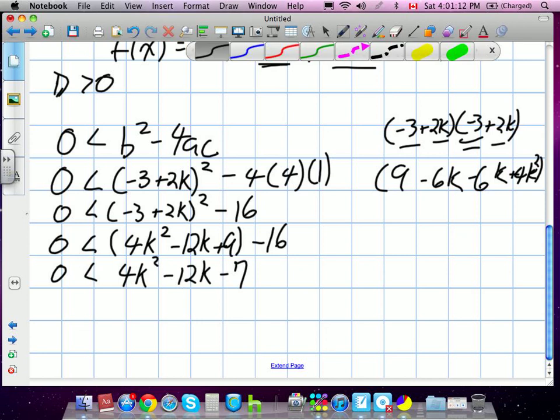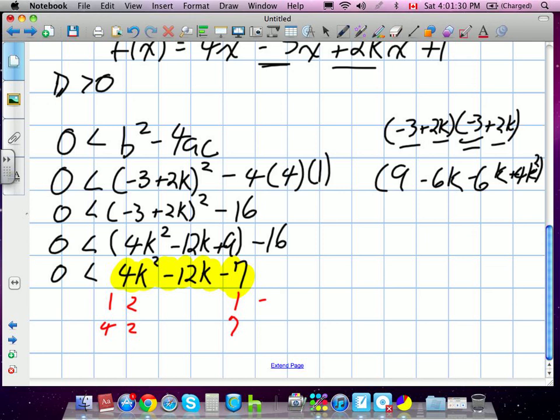So I'm now left with, again, a quadratic equation. Because I have a quadratic equation, I'm going to use quadratic formula or factoring to solve this. Okay? We can quickly check if there's any factors, which will be 1 and 4, 2 and 2 for the first one, and 1 and 7.